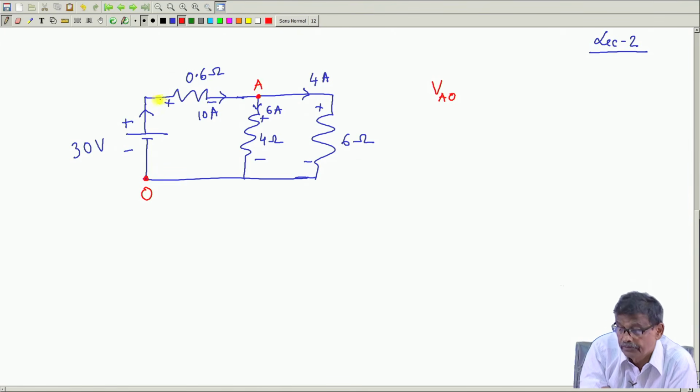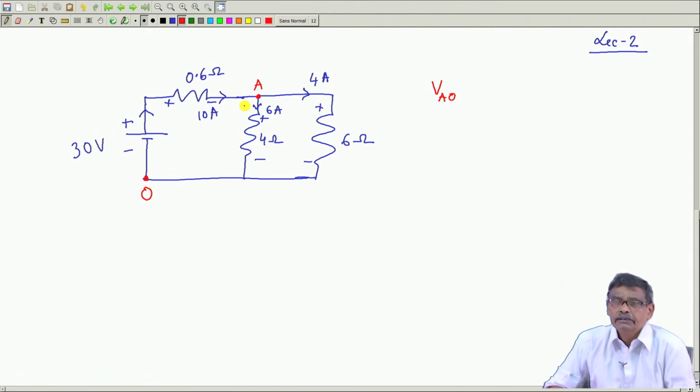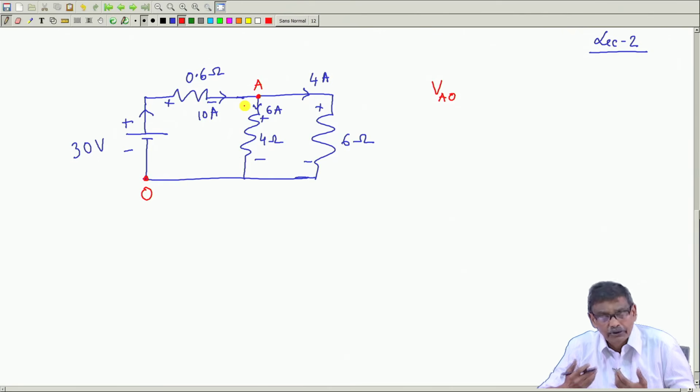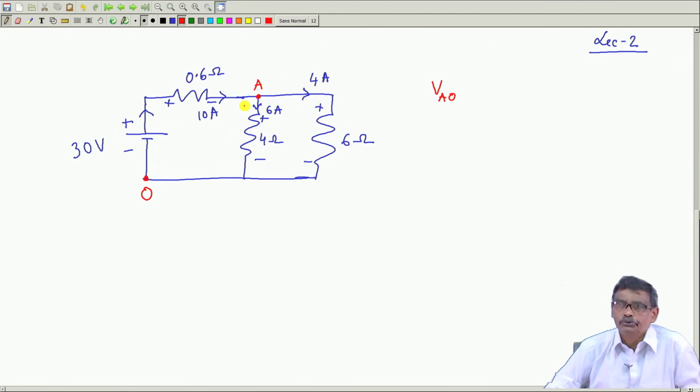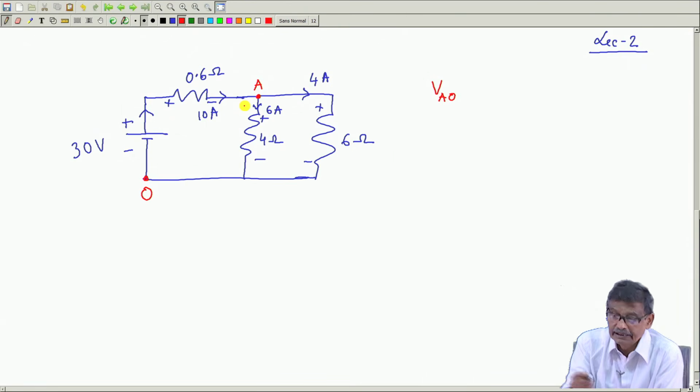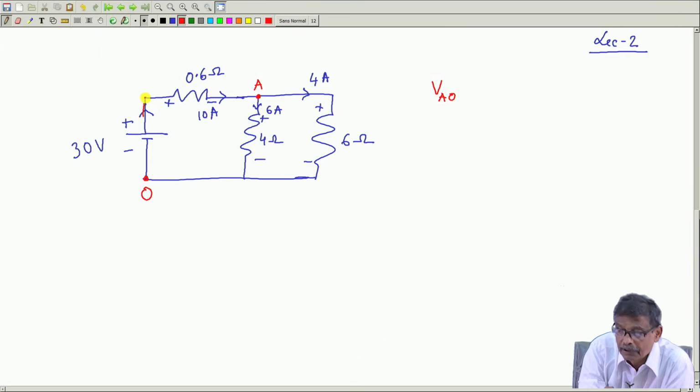I can go this way, I can go this way starting from O, and I can go this way. Whichever path you choose, VAO will be a unique number. So, let us see, suppose you go by this way. So, I will write VAO. I will start my journey from O. From this I am going like this.